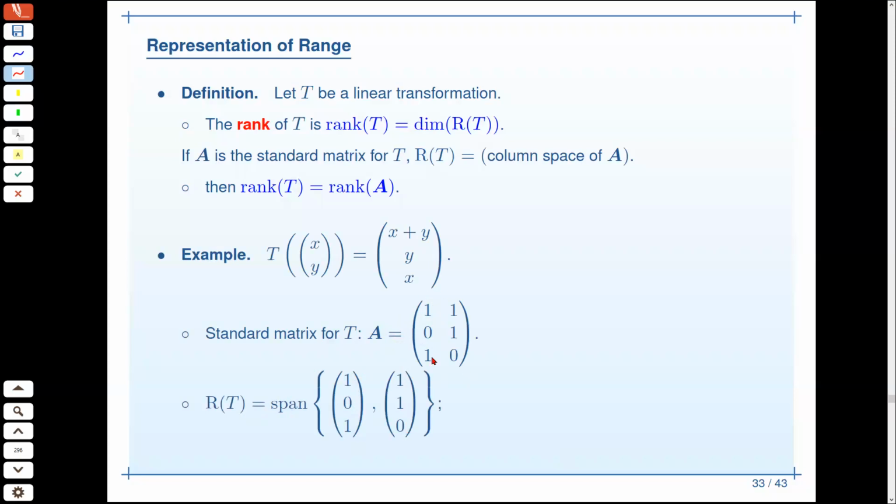And moreover, it's very easy to see the rank of the A is 2 because the two columns are linearly independent. So the rank of the T is the same as the rank of the A, which is 2. So all the questions about the linear transformations can be changed to the problems of the matrix operations. Okay, so far so good.